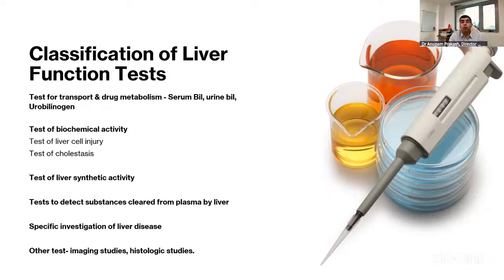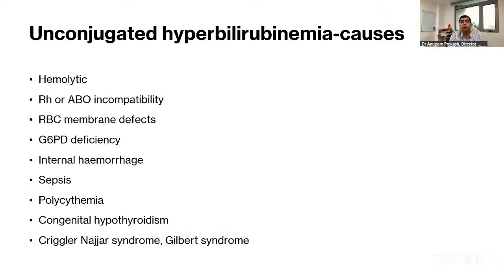If you have unconjugated hyperbilirubinemia, the causes are mentioned here, but that means that there is some hemolysis, which could be intravascular, extravascular, which could be because of RBC membrane defects, which could be because of hemolytic anemias.